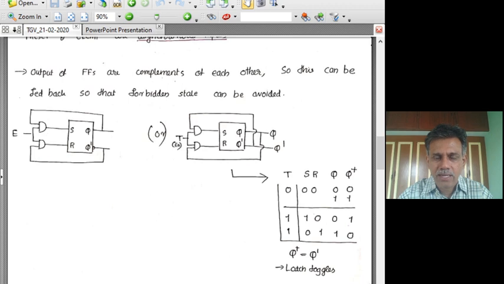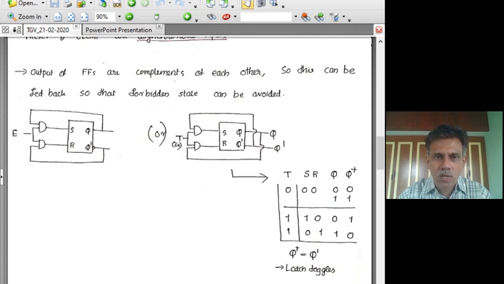So here T is equal to 1. Let's consider a case where Q was 0 and Q bar was 1. Although this is a truth table in which T, S and R are the inputs and Q plus is the output, Q is being used to derive the input. So we should also look at the value of Q in finding out what will be the value of S and R.